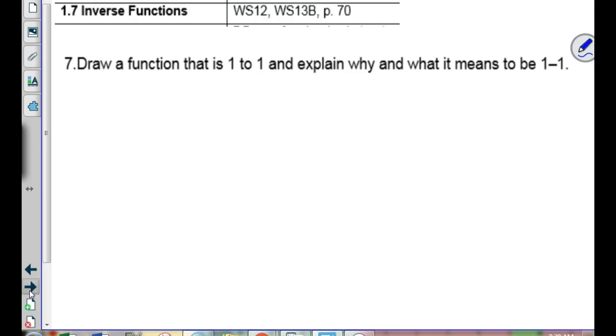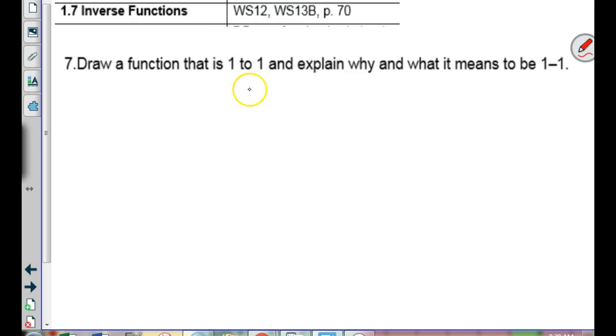All right, 1.7 is the next section on the quiz, and it's inverse functions. And it says the learning targets are determine if it's 1-to-1, know what it means if it's 1-to-1, find the equation of an inverse, verify things are inverses, and graph an inverse. Okay.